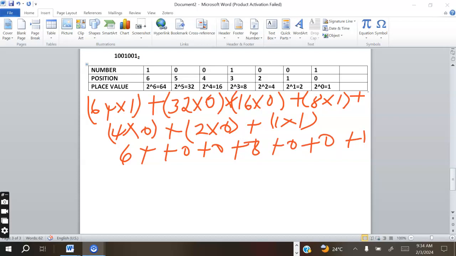So we have this 64 multiplied by 1 is 64, 32 multiplied by 0 is 0, 16 multiplied by 0 is 0, 8 multiplied by 1 is 8.